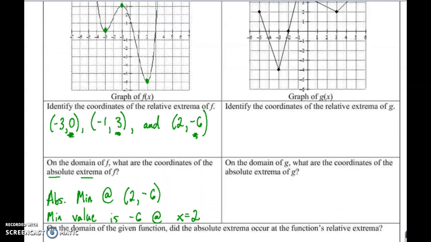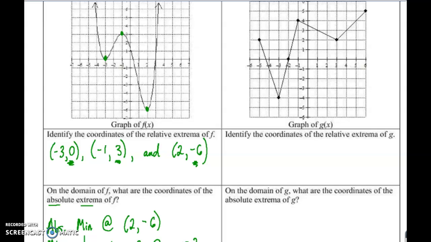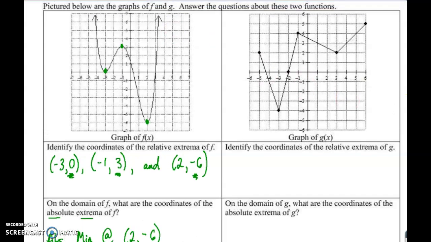As we look at the second graph, I want to wait for that third question. The relative extrema, again, are these points: (-3, -4), (-1, 4), and (3, 2).